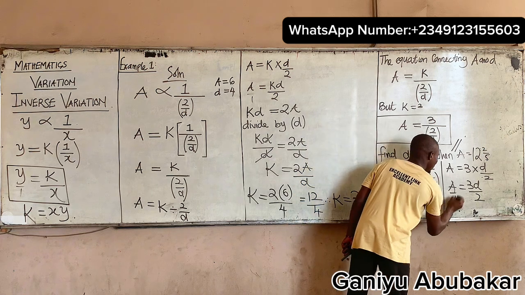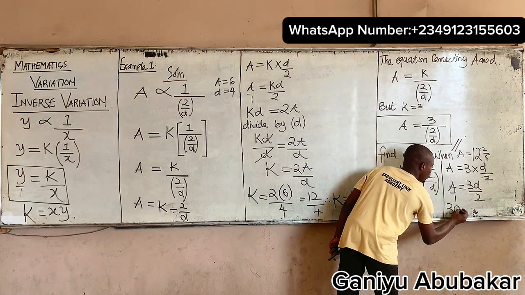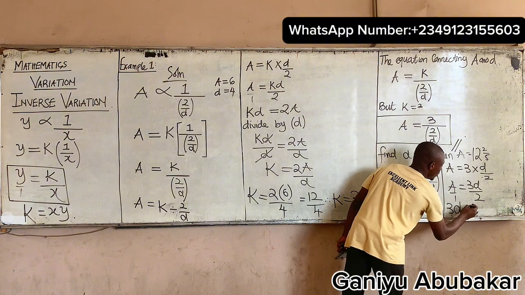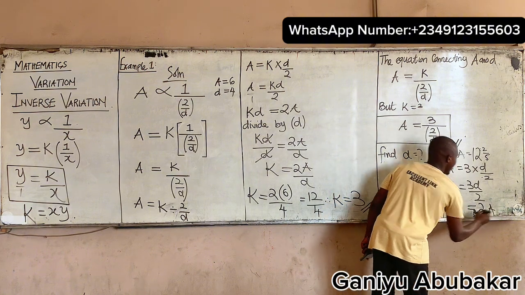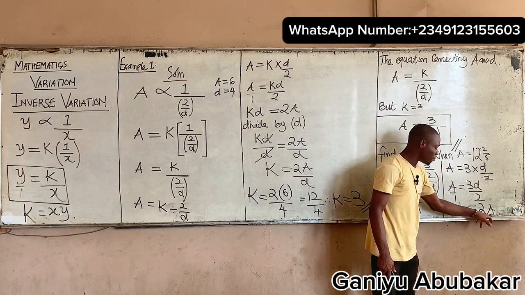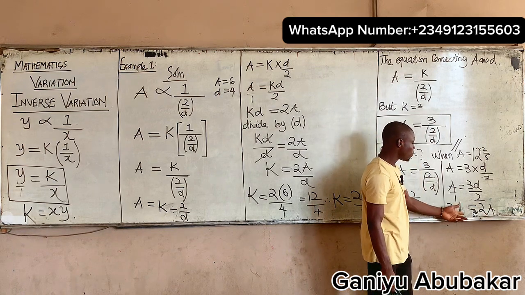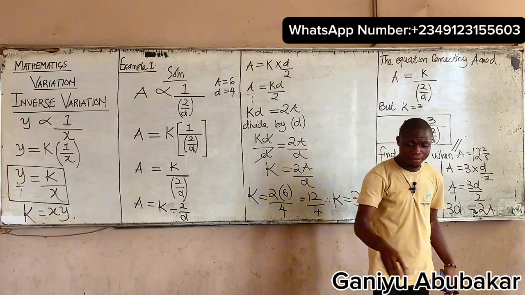I have another over 1 here. 3d times 1 is 3d, equal to a times 2, which is 2a. So I'm having 3d equal to 2a. I'll make d the subject to find my d.